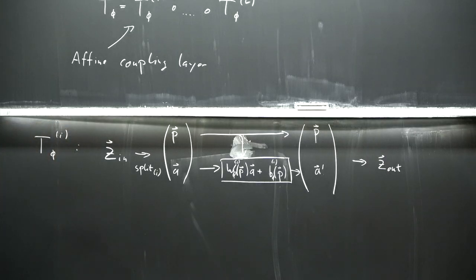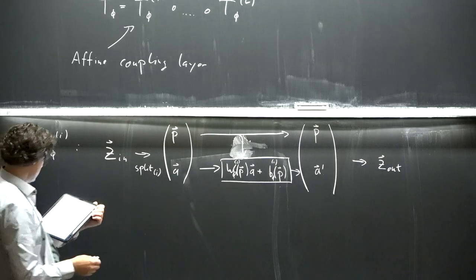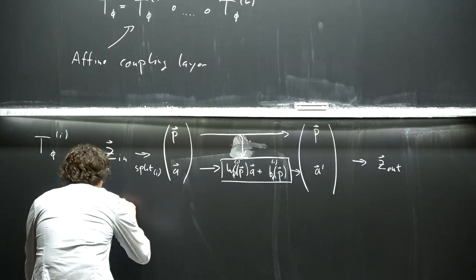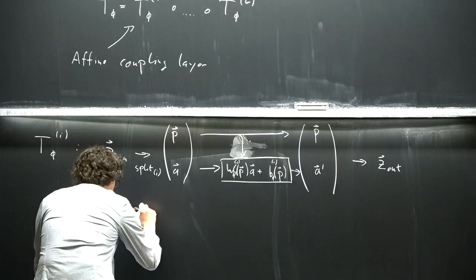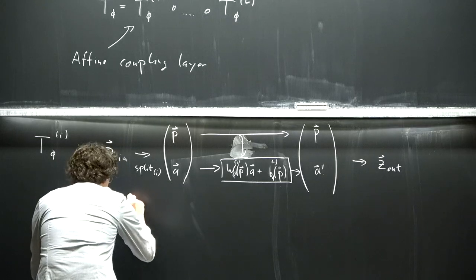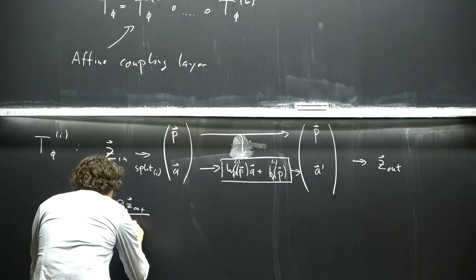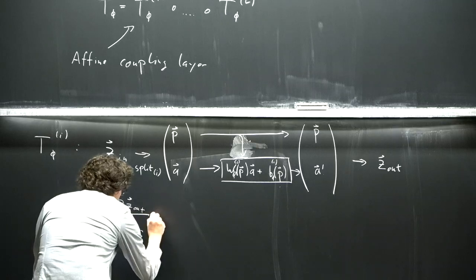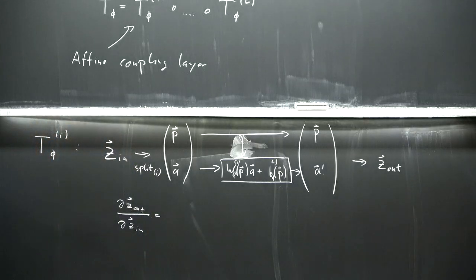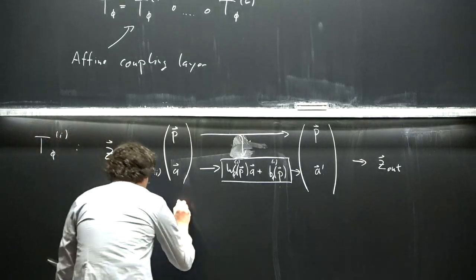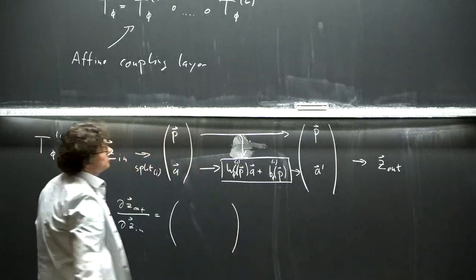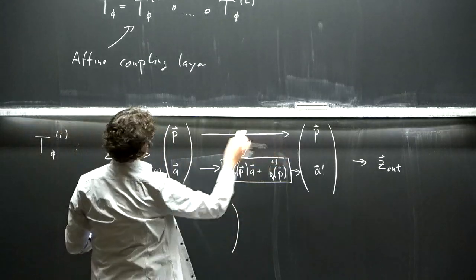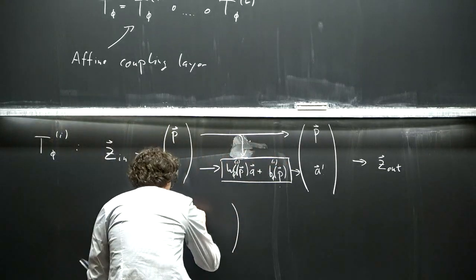Good, so now the reason why that's interesting is because now if we look at the Jacobian of out versus in, and I'm now writing this with block matrices, then there will be a part that comes from taking the derivative of P with respect to P. So this will be just the unit matrix.